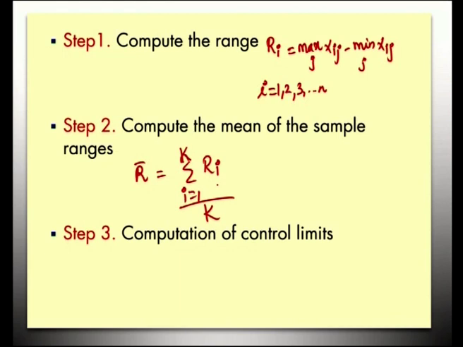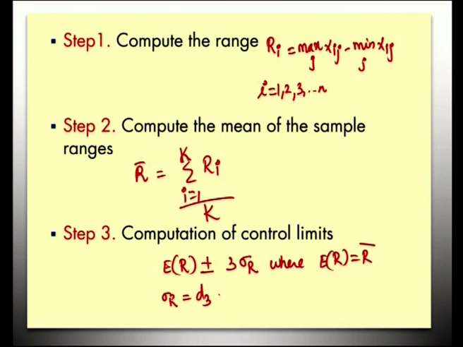The 3 sigma control limits for R chart is expectation of R plus or minus 3 sigma R, and E of R is estimated as R bar, where E of R is equal to R bar, and sigma R is calculated by the formula d3 into sigma cap, which is equal to d3 by d2 into R bar, because sigma cap we have already calculated as R bar divided by d2, isn't it?